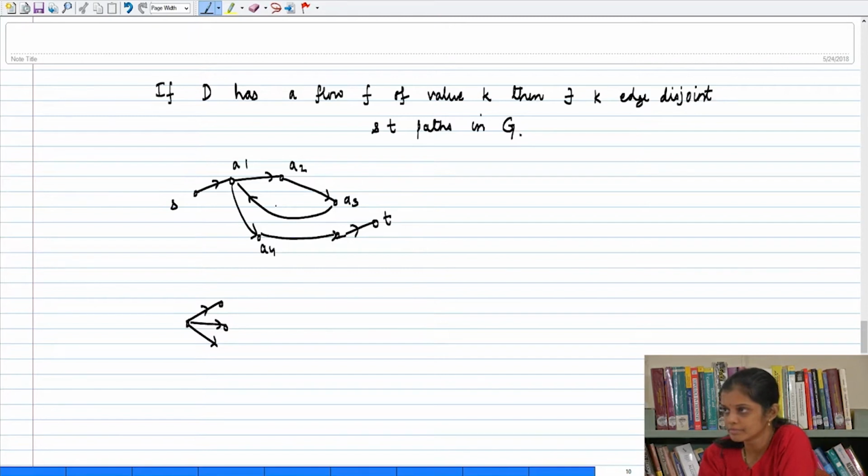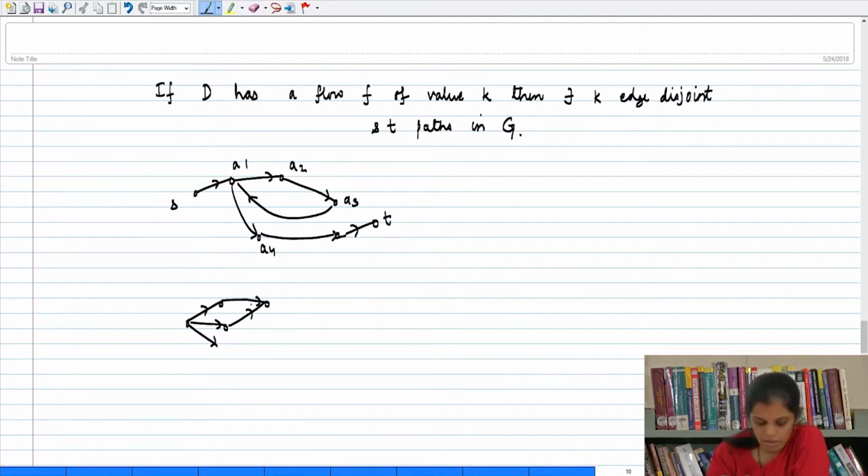We want to prove that there have to be k edge disjoint paths. Yes. So the first point is, starting from the source, we need to have k outgoing edges, which will be part of the paths. And if any of these paths merge, then they get a common edge.